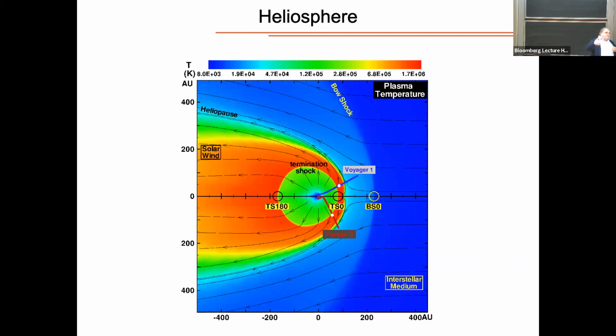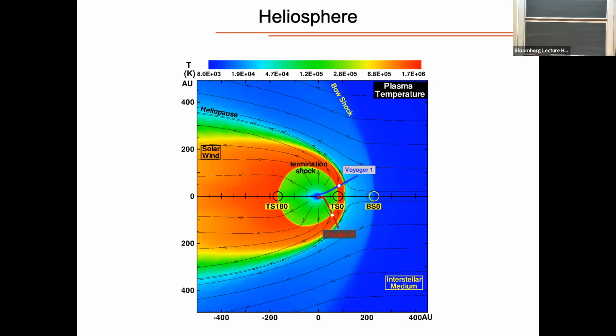And since the wind is supersonic, you should expect that the transition from the wind knowing nothing about the outer regions to the wind knowing that there's something over there is going to be a shock. All supersonic flows go into subsonic regimes through shock. And the shock is called termination shock.